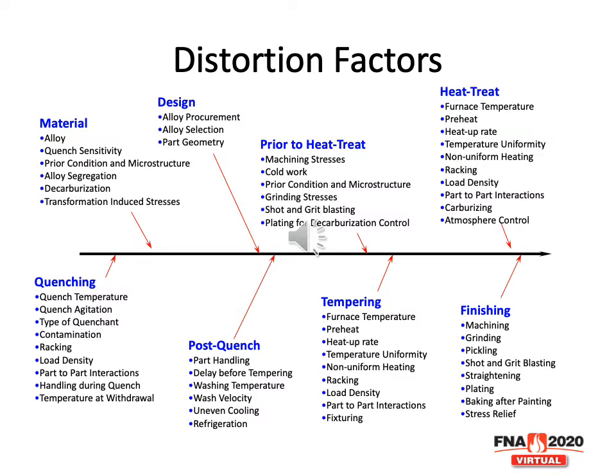Racking can play an extremely important role, to make sure that the parts are seeing a uniform heat transfer along all the surfaces. It depends on whether the parts are hanging upside down, right side up, or sideways. That can make a big difference in the amount of distortion that they see, and that's due to non-uniformity of heat transfer. You can also see part-to-part interactions.